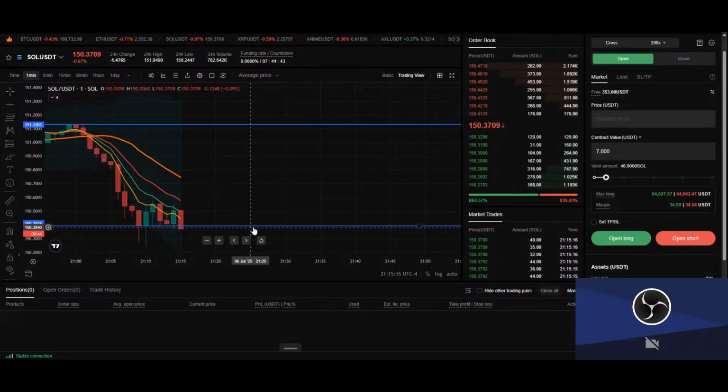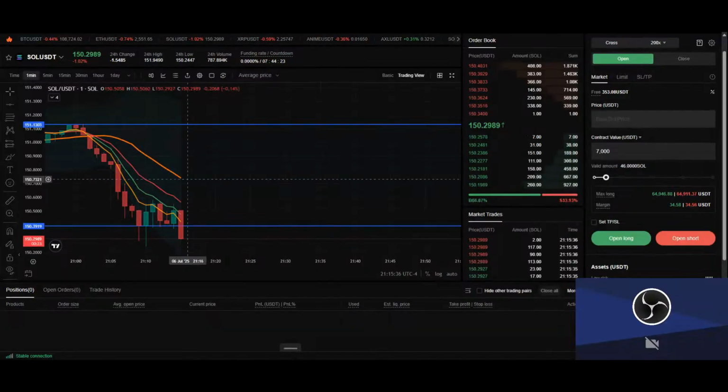Remember, this line down here is acting as our line of support. We had a breakout. This wants to push our price back up. When it's underneath here, this wants to act as the first line of resistance.